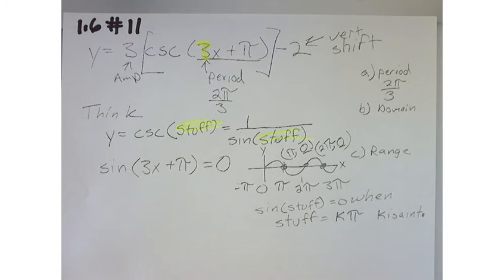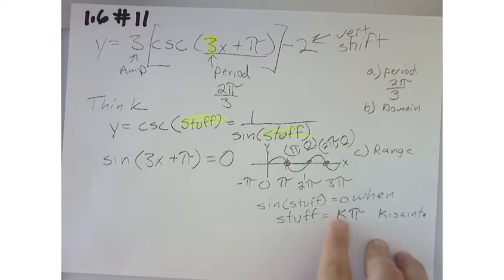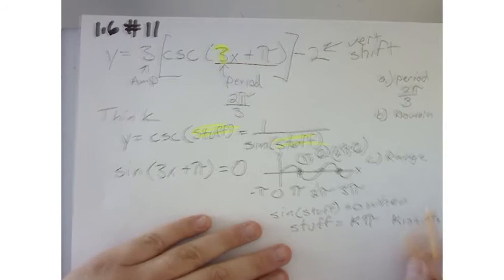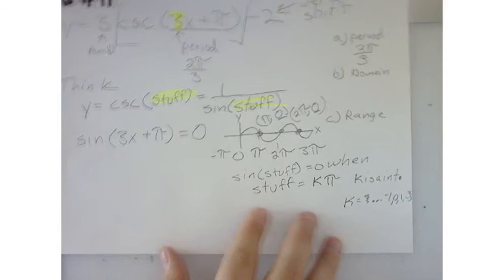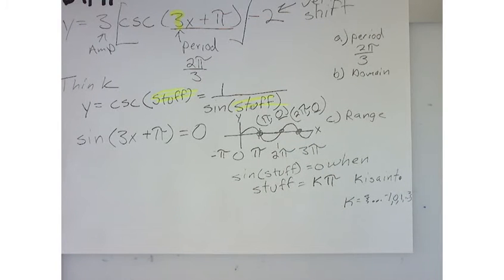So if I plug in -1, -2, -3, 0, 1, 2, 3, 4, in other words, k is an integer.